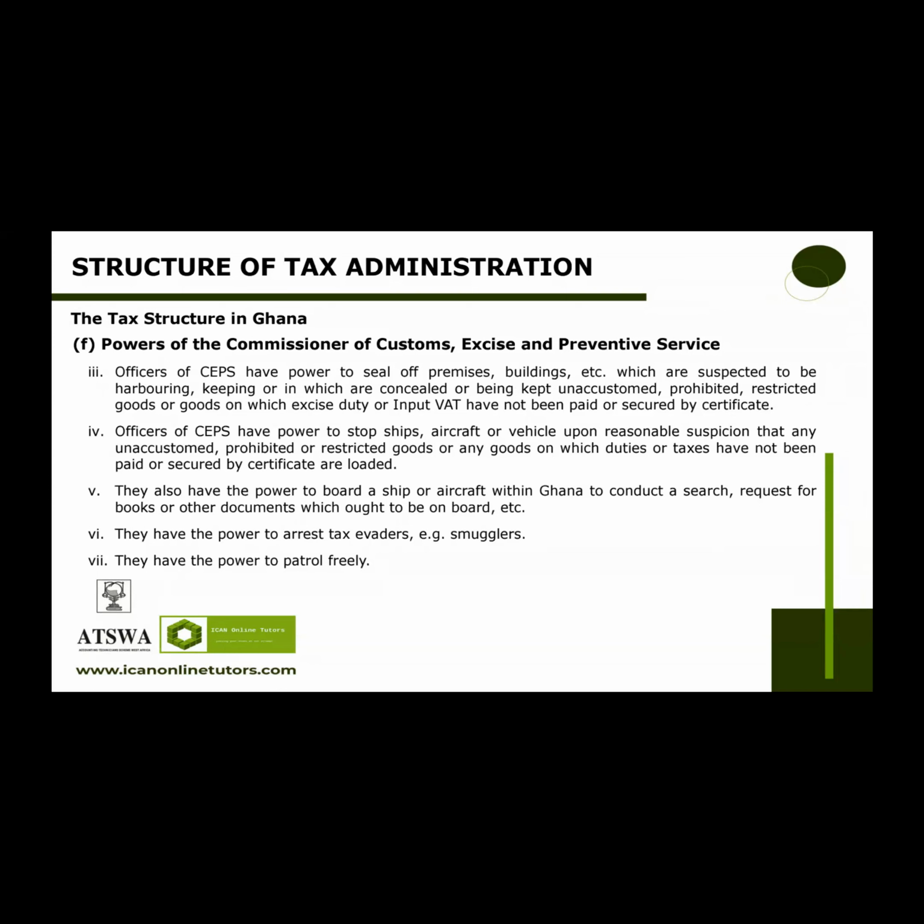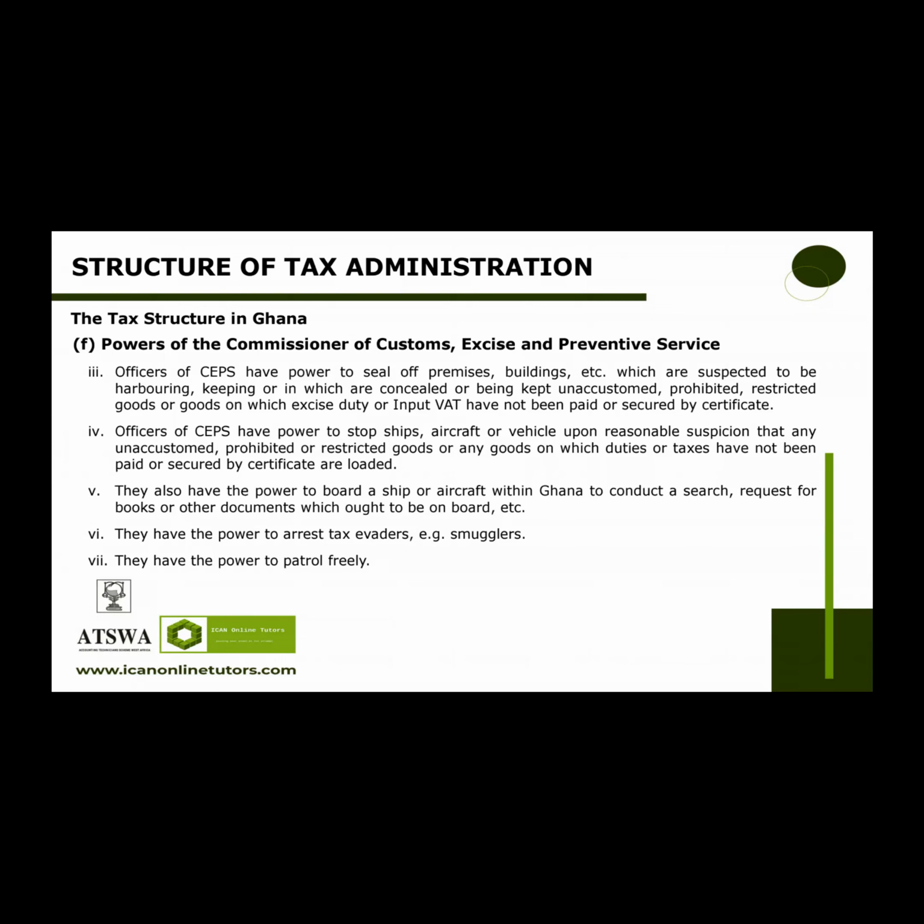Also, officers of SEPS have power to stop ships, aircraft, or vehicles upon reasonable suspicion that any unaccustomed, prohibited, or restricted goods or any goods on which duties or taxes have not been paid or secured by certificate are loaded. They also have the power to board a ship or aircraft within Ghana to conduct a search, and request for books or other documents which ought to be on board.